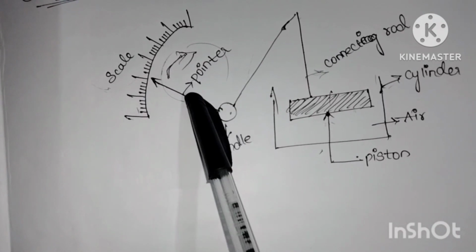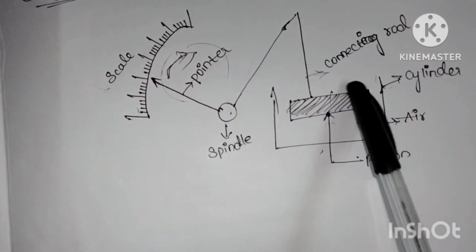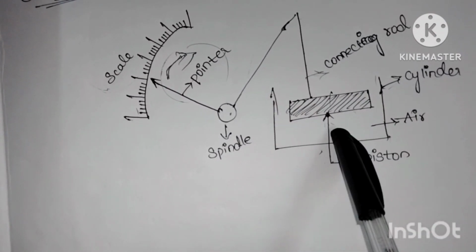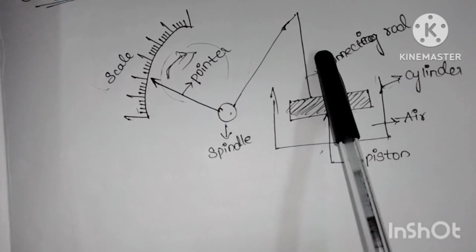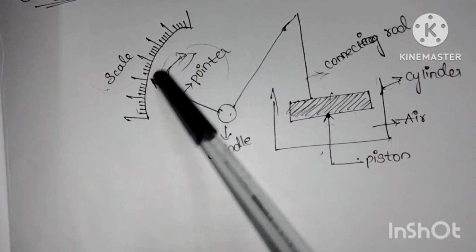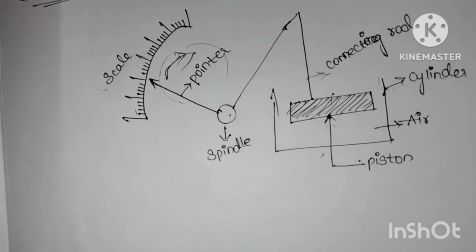Whenever the pointer oscillates in clockwise direction, the piston goes inside and the cylinder gets compressed. The air pushes the piston upwards. The pointer tends to move in anti-clockwise direction, which means the pointer is coming to its rest.